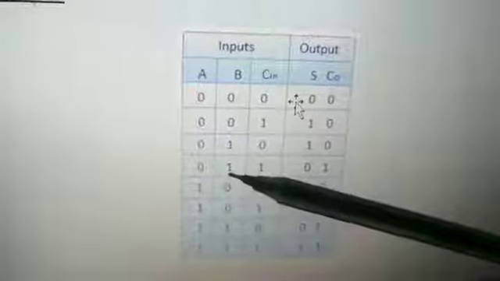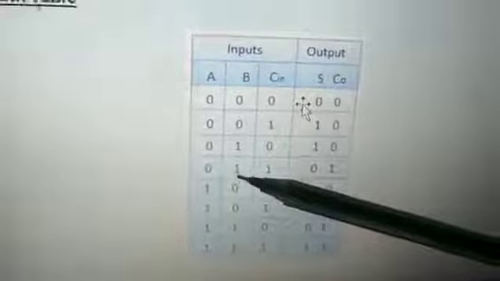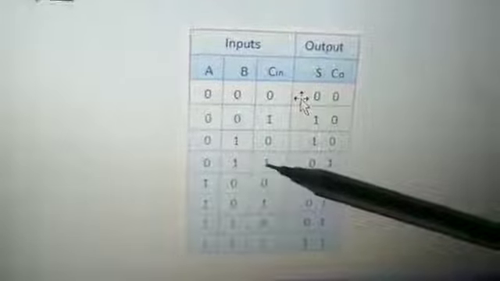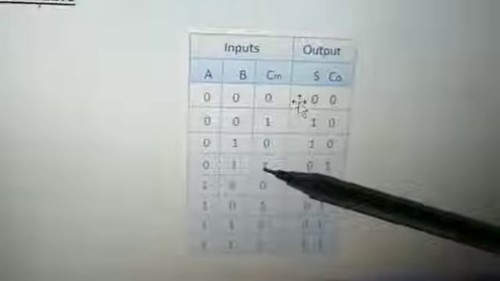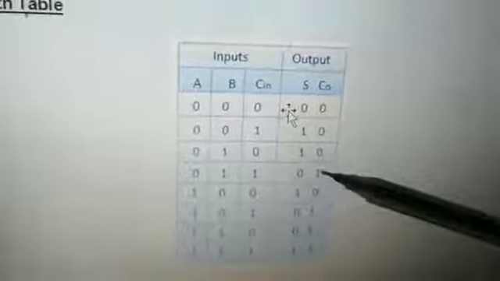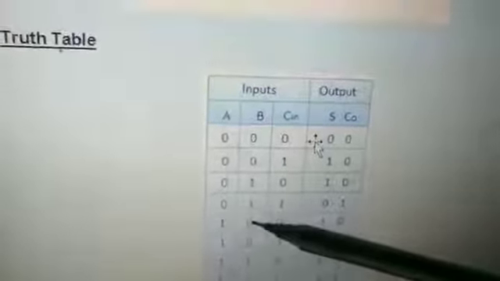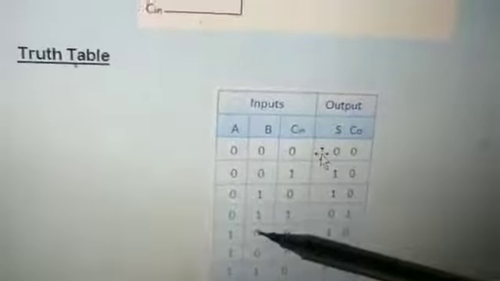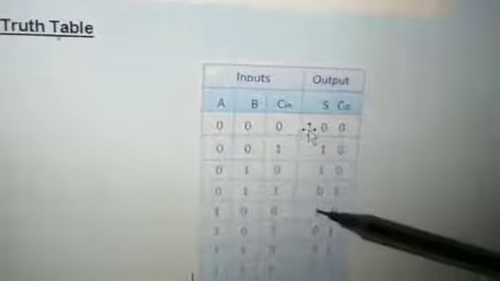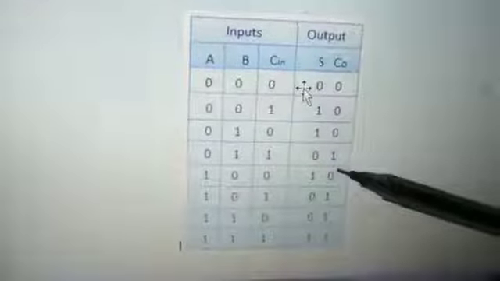0 plus 1, the answer is 1. But again if we have a carry from the previous bit, then 1 plus 1 is 0 and the carry is 1. 1 plus 0 is 1, so in the sum part there is a 1 and carry is 0.